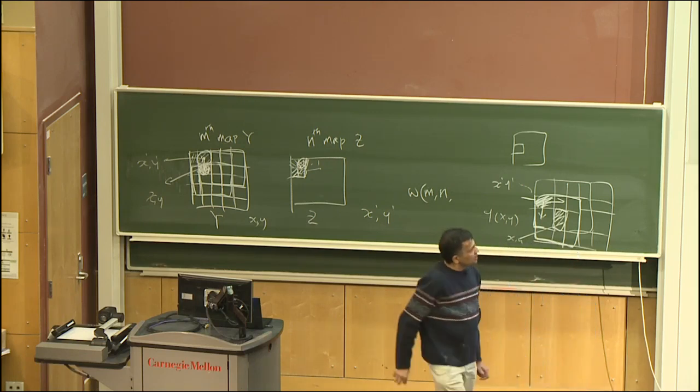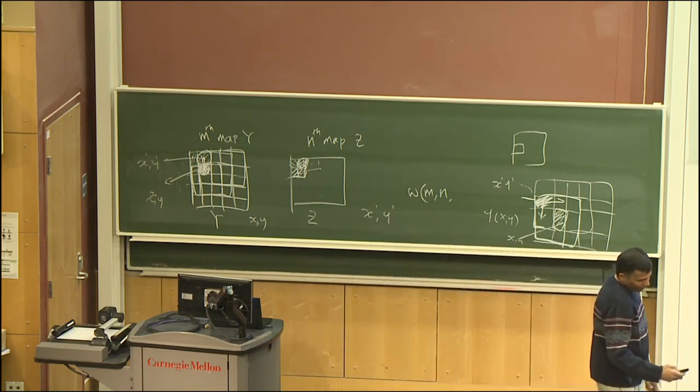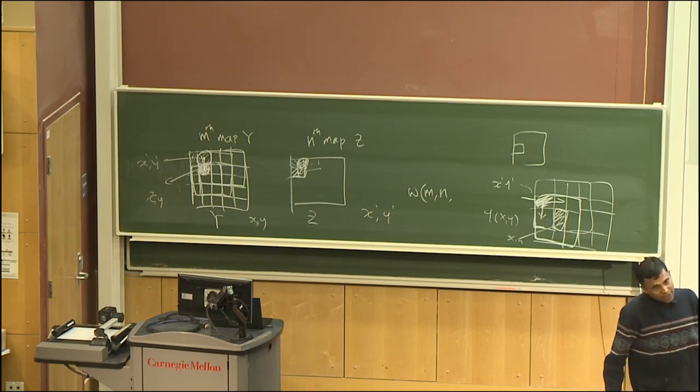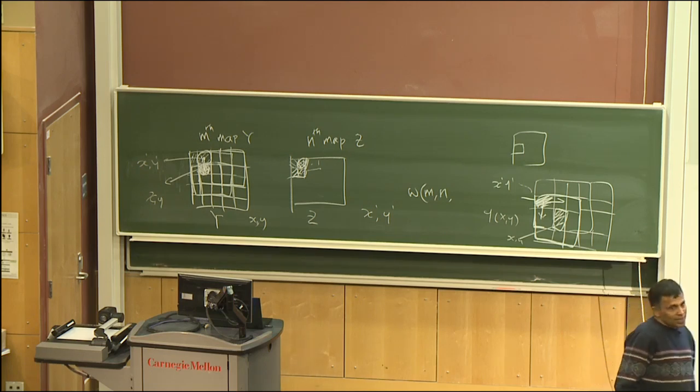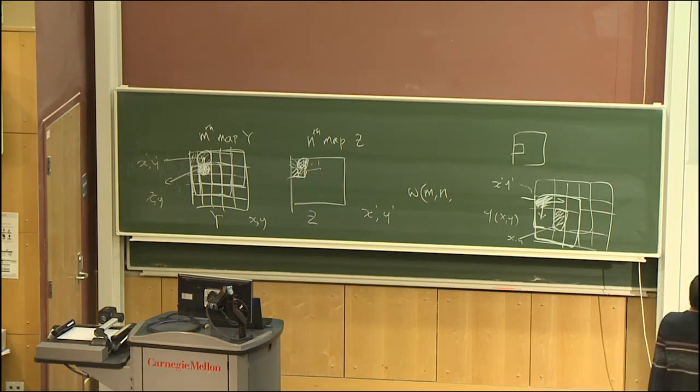So in other words, each y influences several z's, and each z in any map is at location x prime y prime in the layer, so the layer is going to be the same. The L minus 1th layer influences the z maps in the Lth layer, so you don't need to index the L, but the weights are specific to the Lth layer, right?